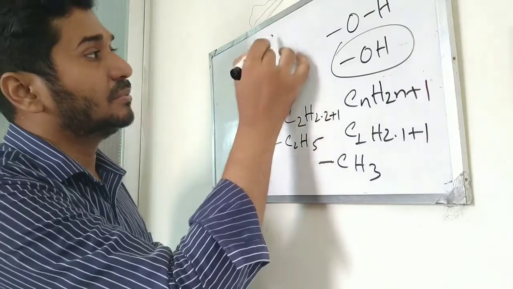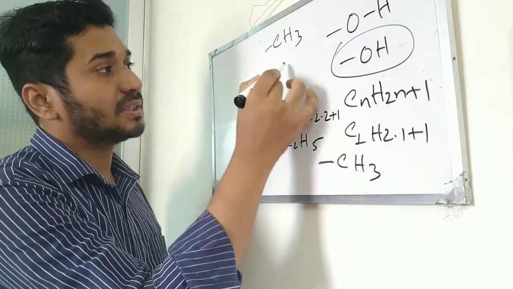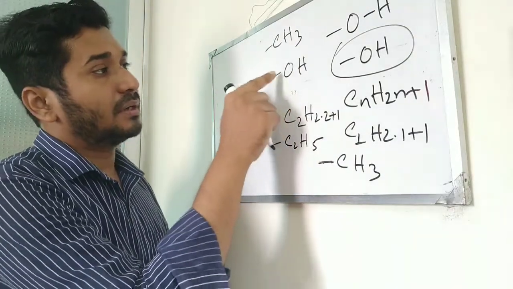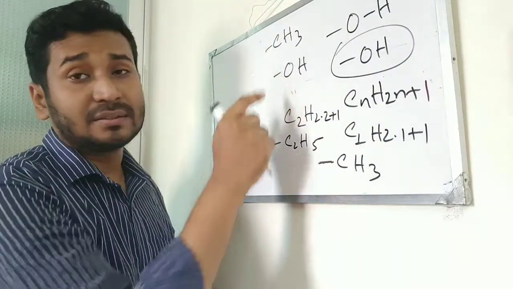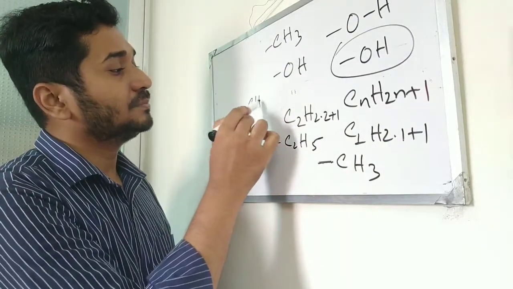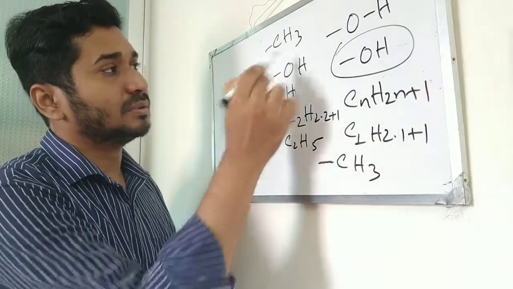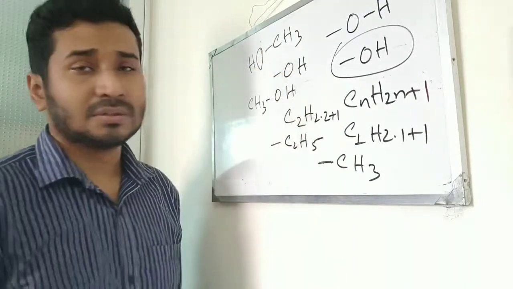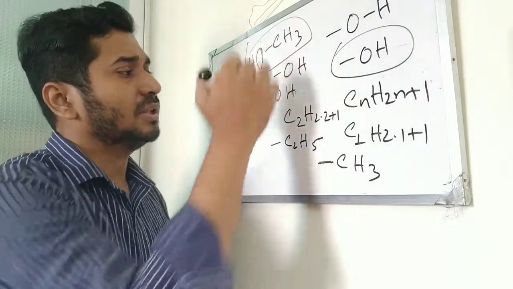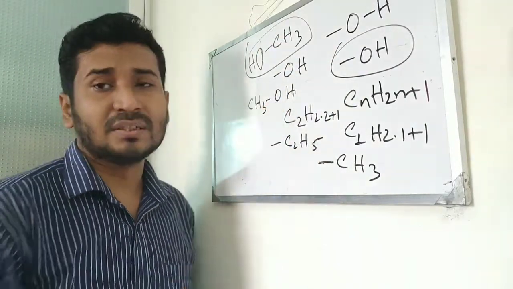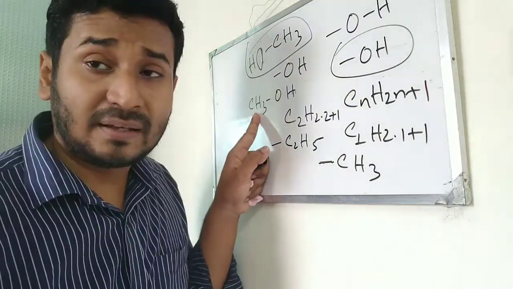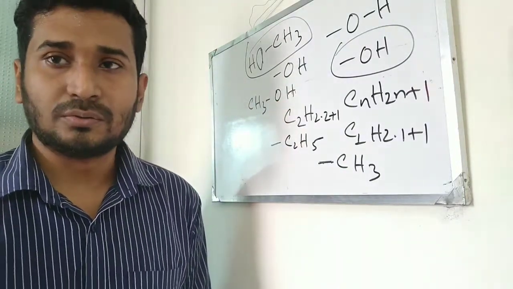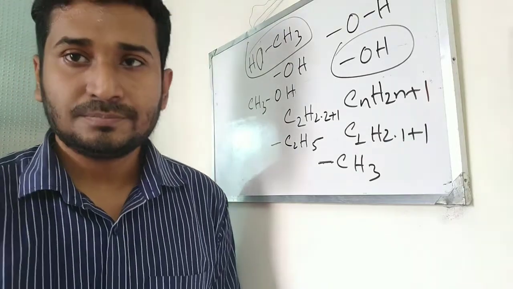So if I take the methyl and the alcohol, I can use this to make another compound, CH3OH. You can write it easily like this. It's called methyl alcohol or methanol.